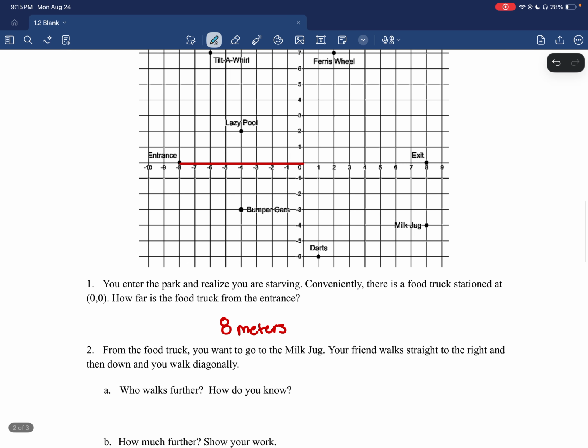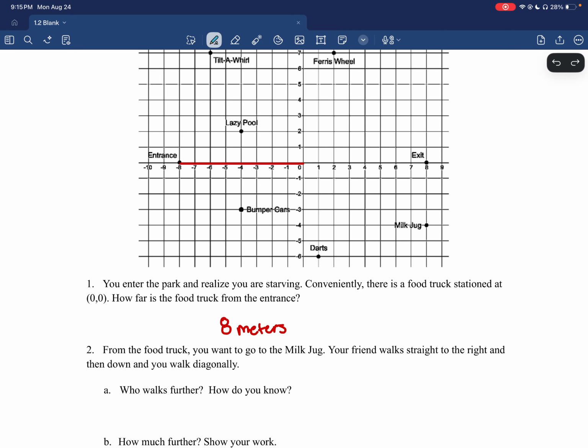Okay. Question 2, from the food truck, you want to go to the milk jug, which is right here. Your friend walks straight to the right and then down, and you walk diagonally. Who walks further and how do you know?